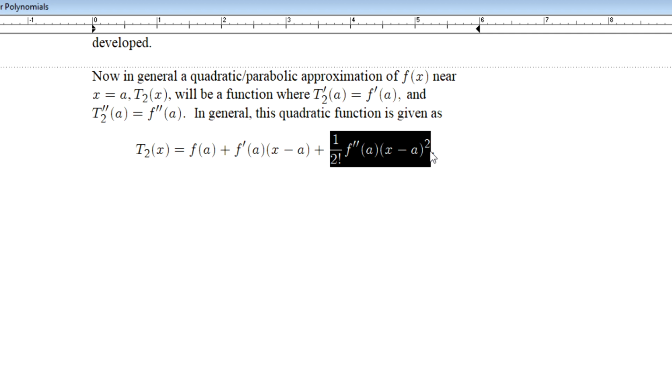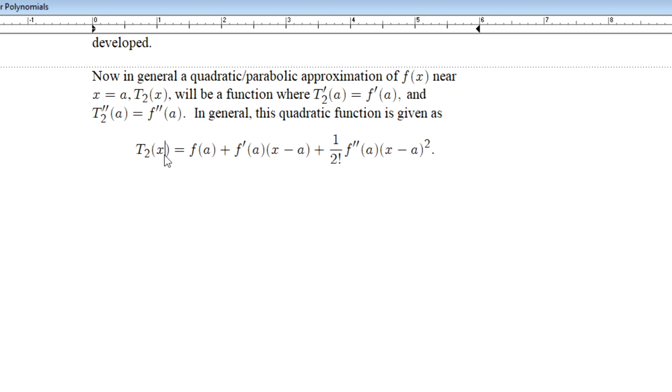Now, what this additional term is, first of all, is the second derivative of function f, the function we're trying to approximate, at this value of x equal to a that we're near. That is then multiplied by this quantity squared, where this quantity involves the independent variable x.